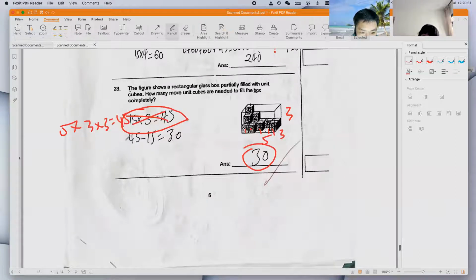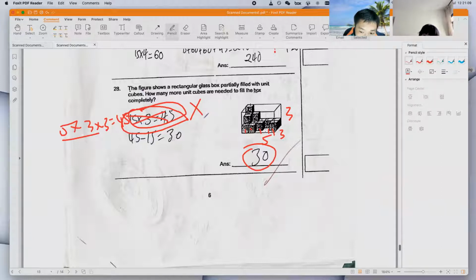So it looks to me you have skipped, you have combined these two together. So technically, if you write this 15 times 3 equals to 45, technically this step is wrong.